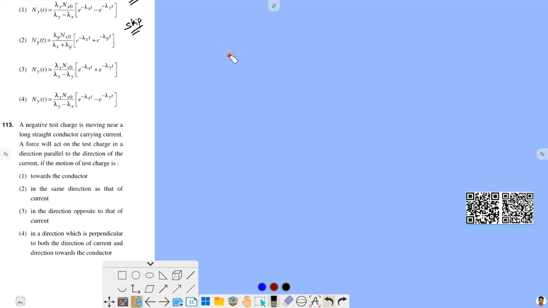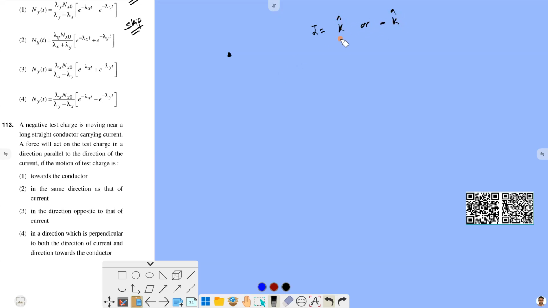So it will be represented as a dot here, because the wire is coming out of the plane of this screen. So current in this wire can be either into the plane or out of the plane. So we can say the direction of current, or I, can be plus K or minus K.